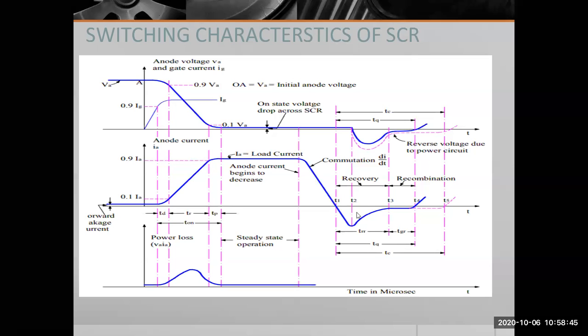and during the recovery time TRR, the excess charge carriers which are present in the outer layers, P and N layers, are removed. Previous class also we discussed that. 60% of the excess charge carriers in the outer layers are removed at the time of T2.